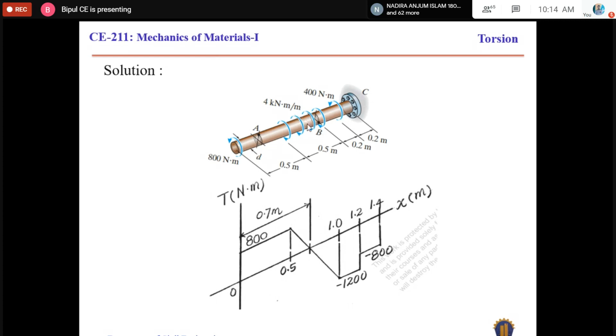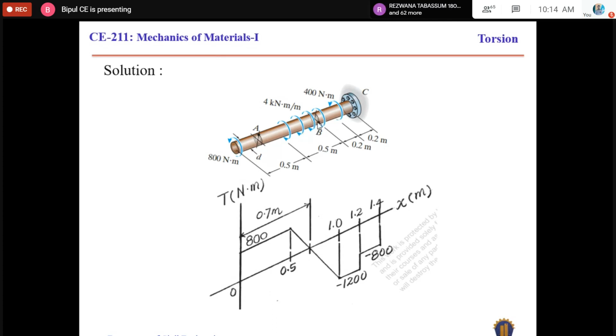So if you start from here and reach here, then this torque will be negative. So ultimately, at this point, the resultant torque will be minus.